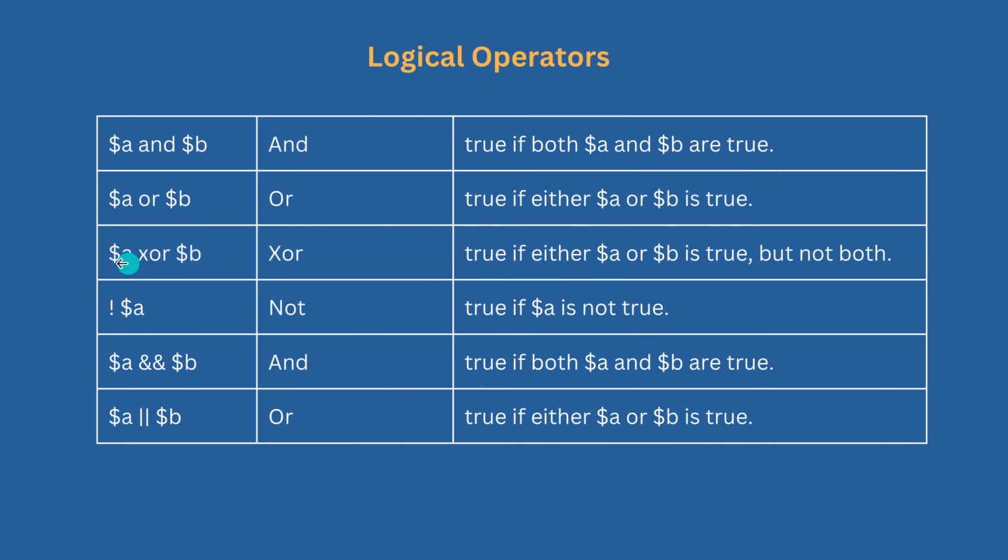A XOR B: either both should not be true or both should not be false. Not A: if it is false, it will make it true; if it is true, it will make it false. A && B is only true if both are true. This one is the same, or this is also the same, right?